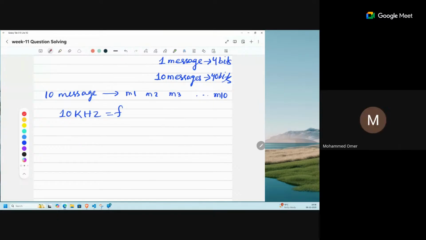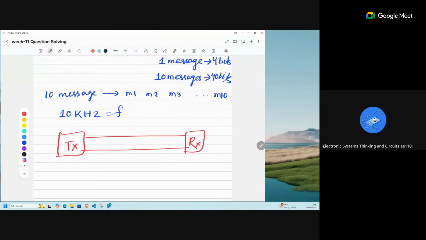It says in series, so it's sequential. This is TX, this is RX, and you are sending the messages M1, M2, M3, and the last message M10 will be sent. Serially, you're sending, no? First M1, then M2, then M3, then M4, up to M10.